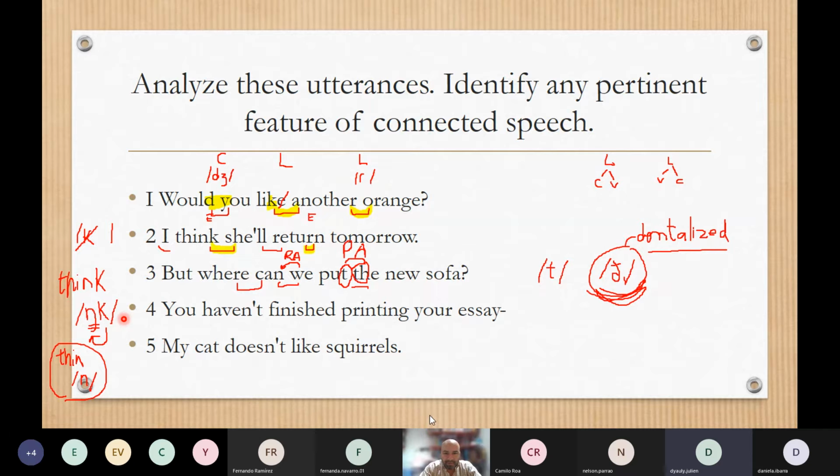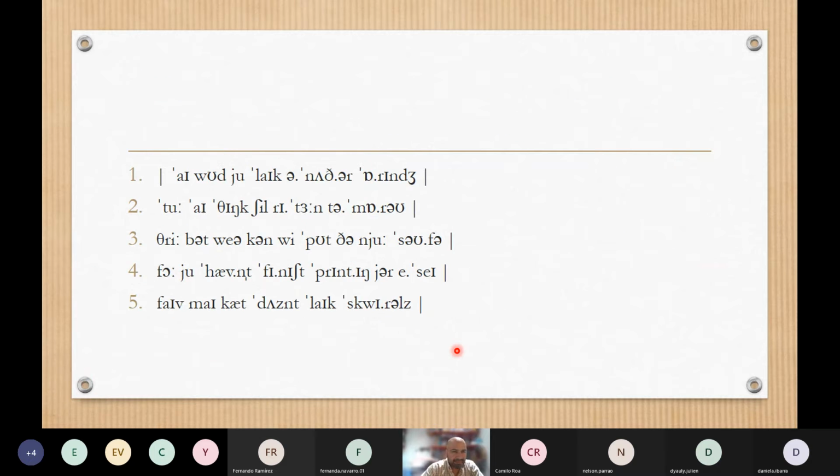Okay, I'm trying to share now. Are you looking at the phonetic transcription? Yes. That's what I'm trying to share, at least. Are you still seeing the previous one? All right, we can see the phonetic transcription. Okay.